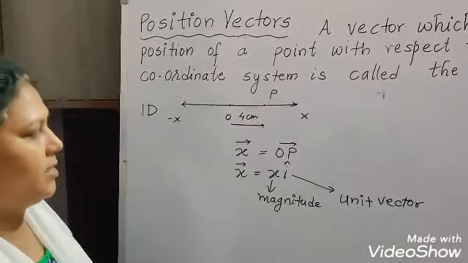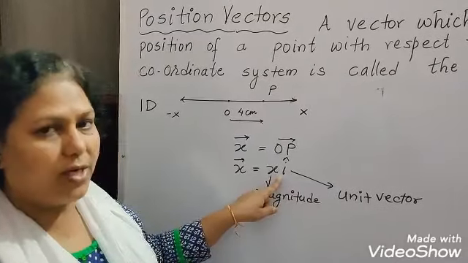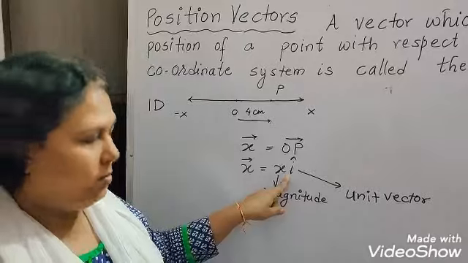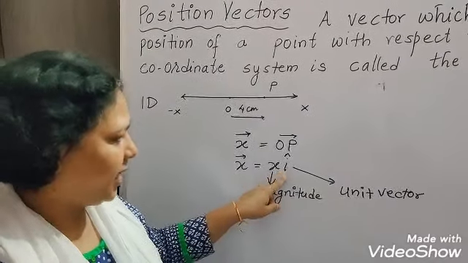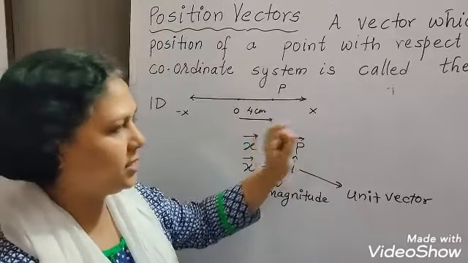As I already explained, a unit vector has magnitude 1, and the direction of this unit vector i is the positive x direction.